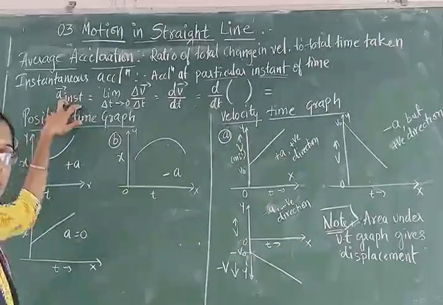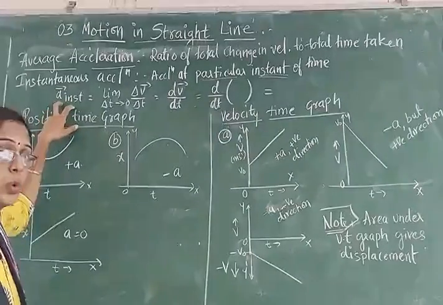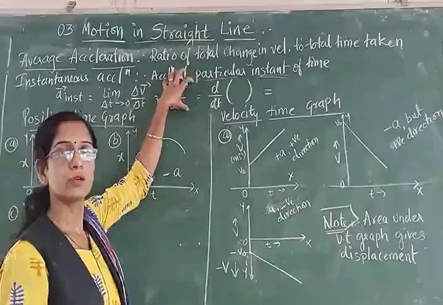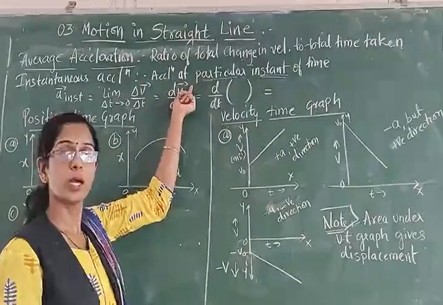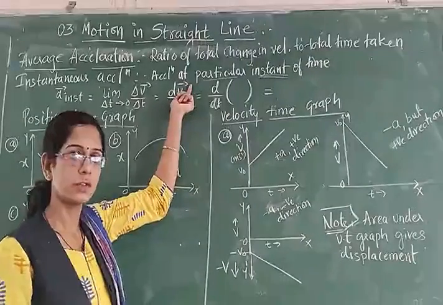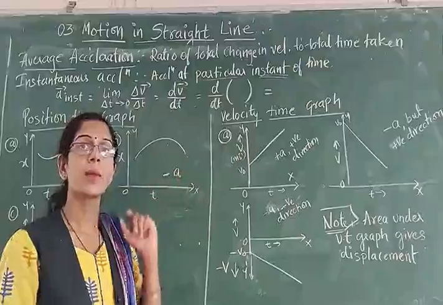Sometimes you need to represent the same acceleration in terms of displacement. How do we represent it? Again by using the differential formula. Velocity is the rate of change of displacement, and mathematically it is dx upon dt.